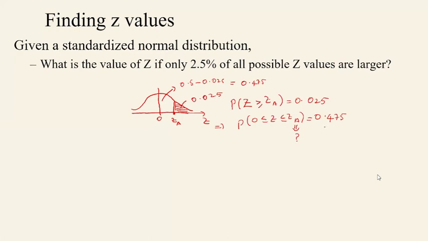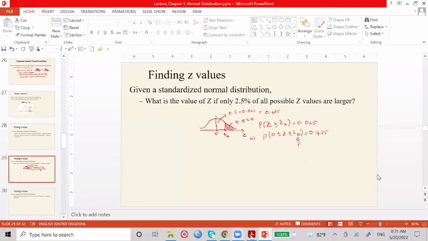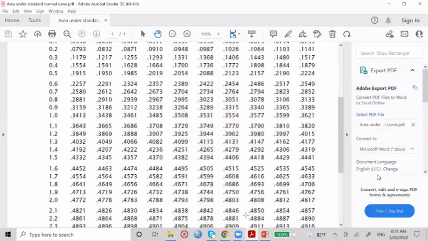Now, based on the table, we have to find out where this 0.475 is located in the table, right? So now we take a table. Now we will search for 0.475.